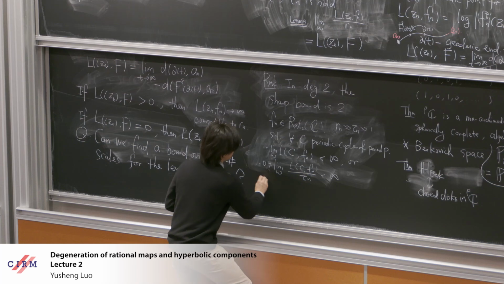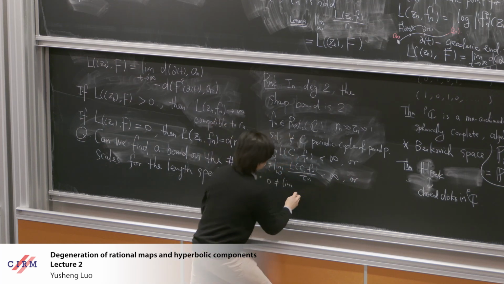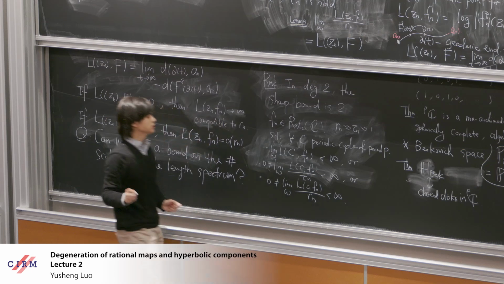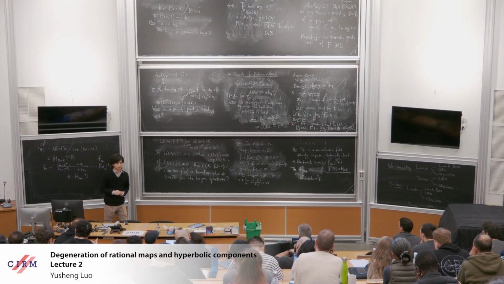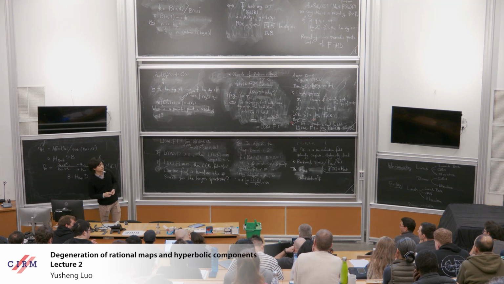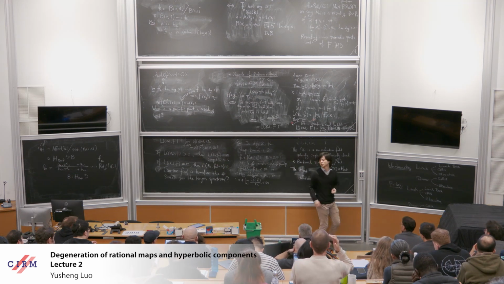Or you have the length spectrum with respect to the second scale is unbounded and non-zero. Bounded does not count as a scale for me. So 2 different scales going to infinity.